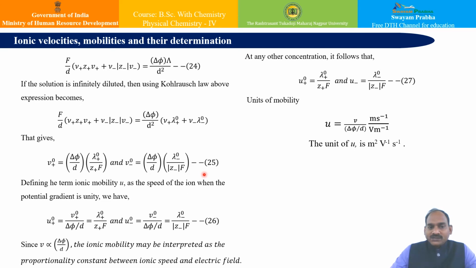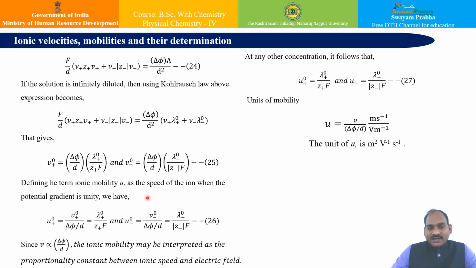Now defining the term of ionic mobility U, let us call this U the speed of the ion when the potential gradient is unity.